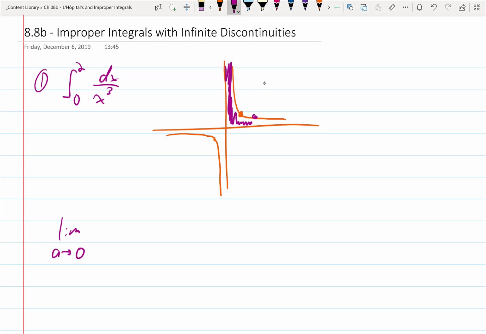This is a one-sided limit, so we're approaching it from the right. It has to be a one-sided limit. Integral from 0 to a of dx over x cubed. Oh, it should be a to 2, sorry.